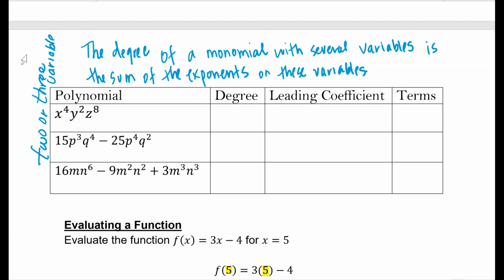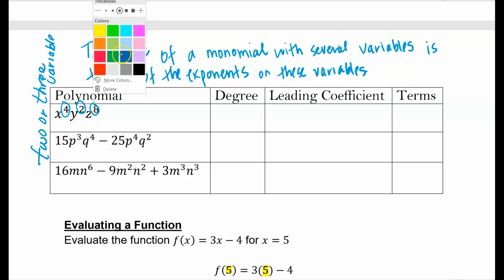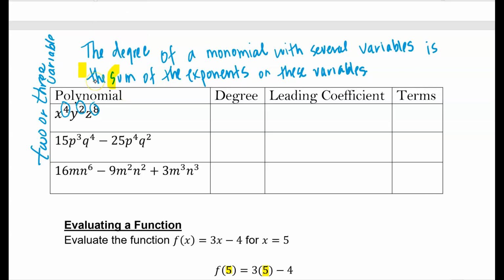So notice here we have a 4, a 2, and an 8. Sum in math implies what? Total, right? Addition. So what we're going to do is add 4 plus 2 plus 8 to get the degree. So that would be 14 if we add 4 plus 2 plus 8.